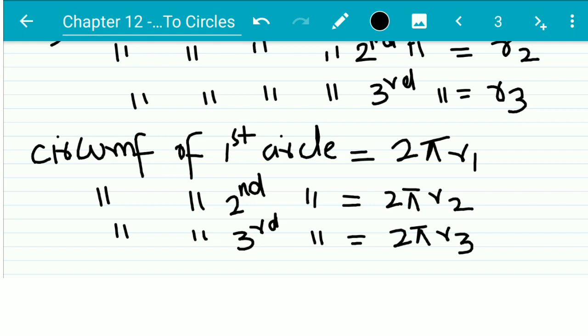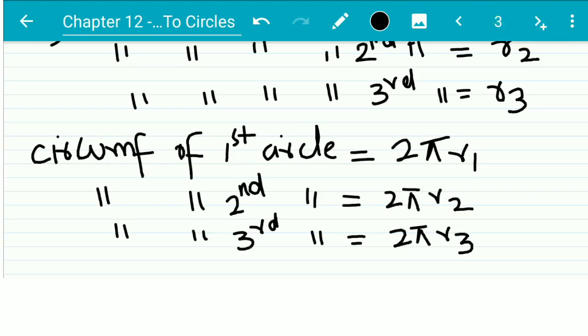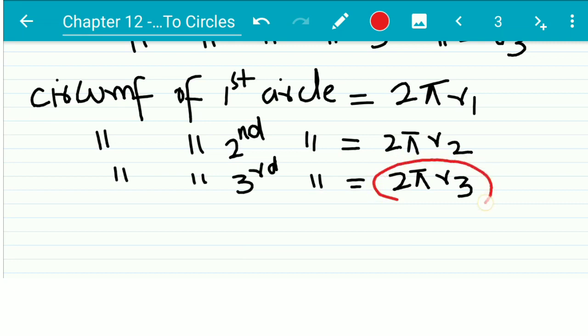Okay. Now look at the question. Find the radius of the circle which has circumference equal to the sum of circumferences of two circles. Which means the circumference of the third circle, 2 pi r3, is equal to 2 pi r1 plus 2 pi r2.